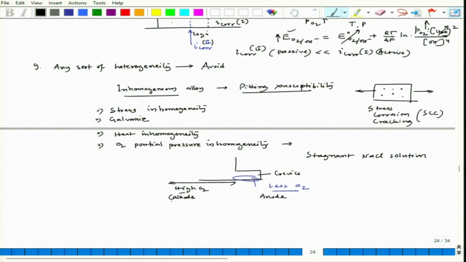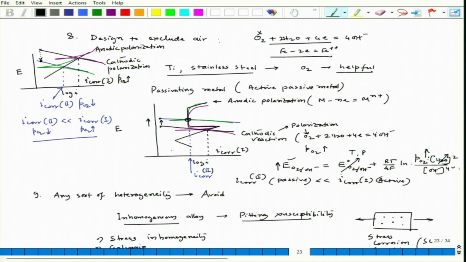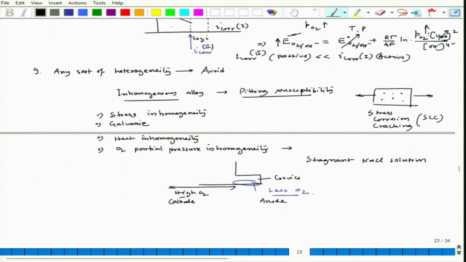As we have seen in the previous case, if we have high oxygen, if we take this particular Nernst equation, high oxygen means this potential would be high, low oxygen means this potential would be low. So, this will have a low potential and this will have high potential. What happens? Other places we have sufficient oxygen. So, in order to meet the requirement of electrons for this oxygen reduction, again the oxygen reduction is same as in neutral solution.